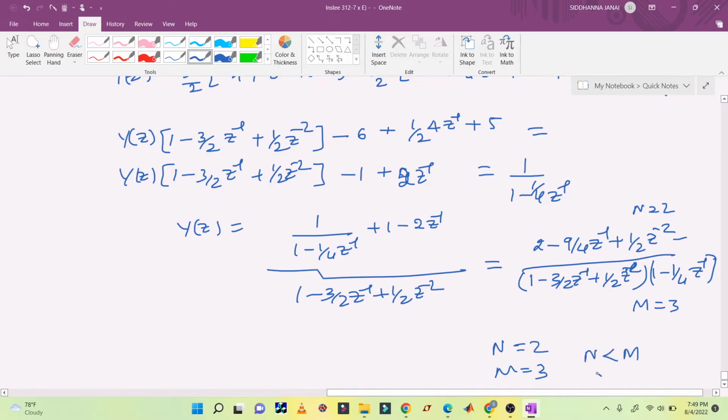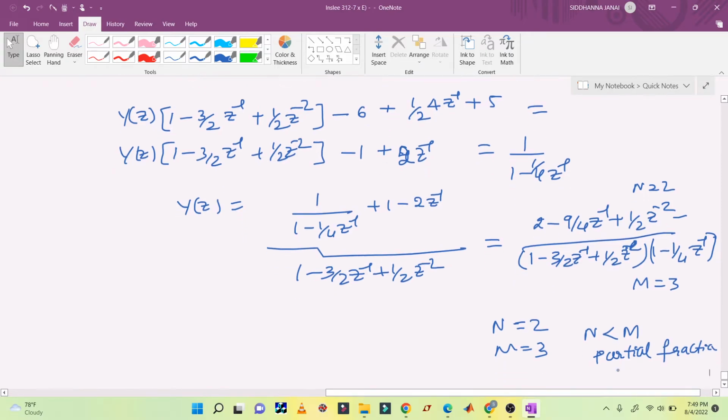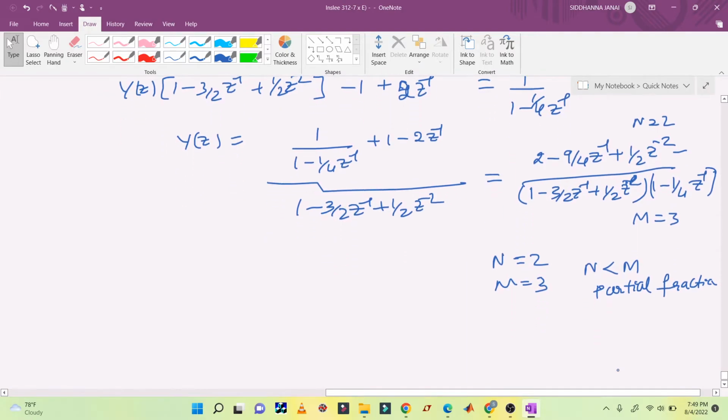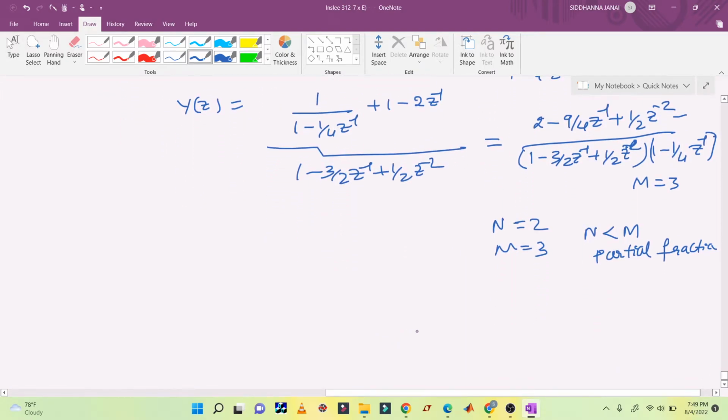You can apply partial fractions. No need to go for long division and then partial fractions. Directly you can apply the partial fractions because n is less than m. If n is equal to m or greater, then one step of long division and then partial fractions. Okay, so first you need to find out the roots of this. Correct?